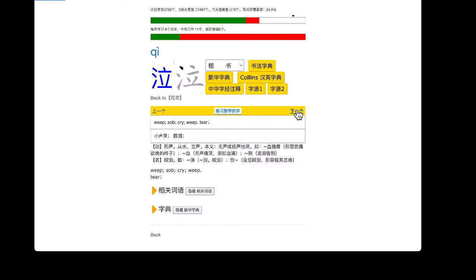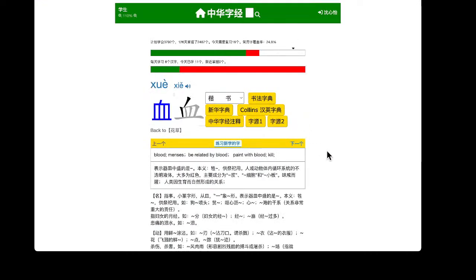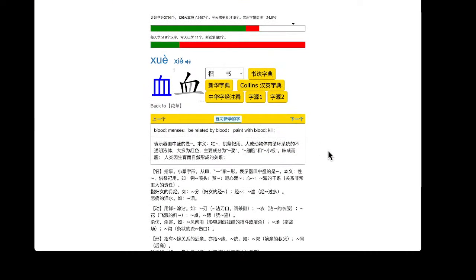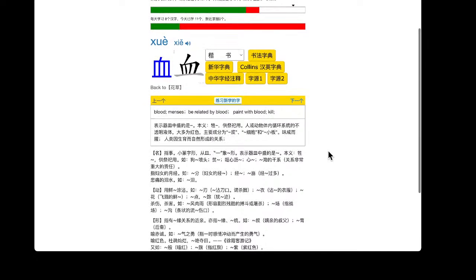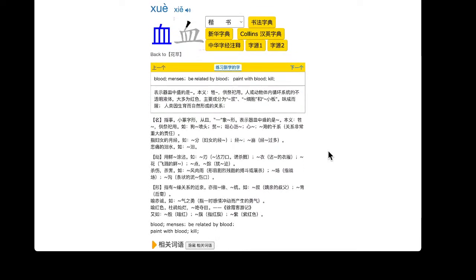Next one, 血. 血 means blood, and also means related by blood. So 血亲, that means you are biologically related.